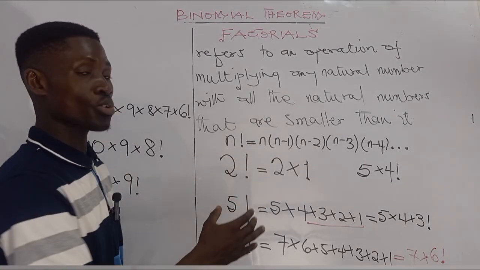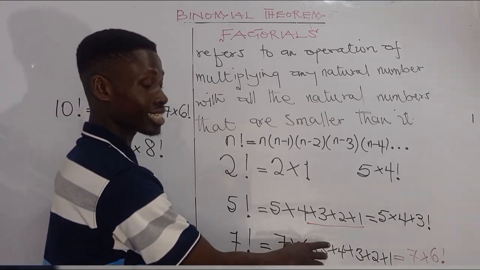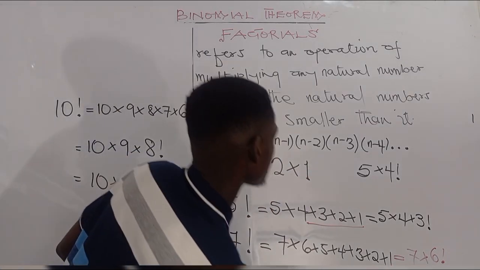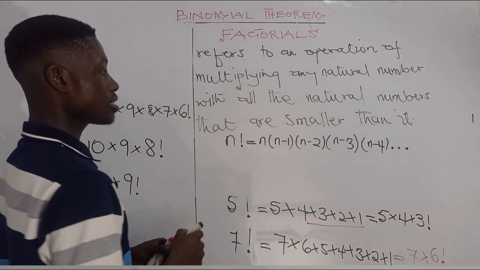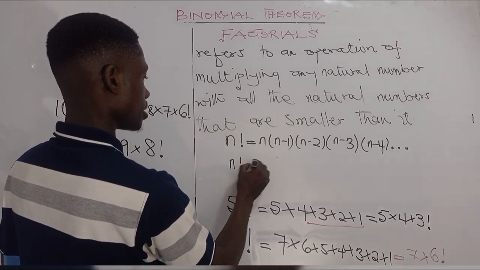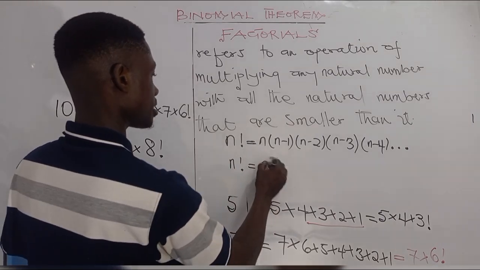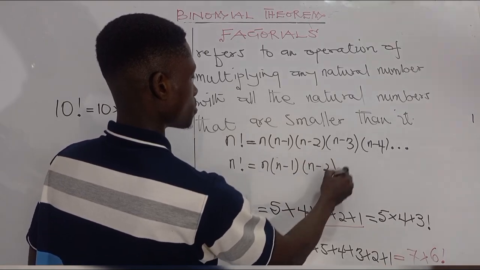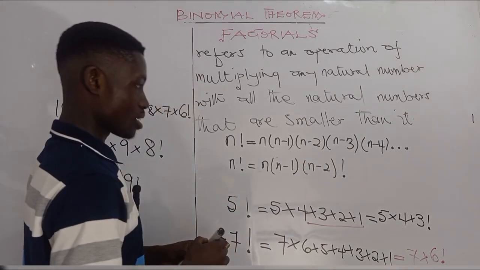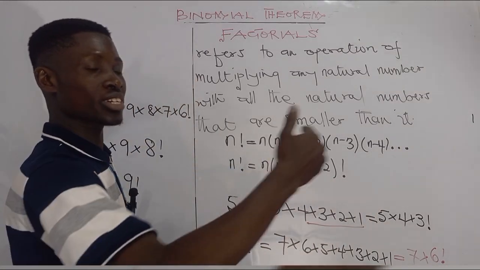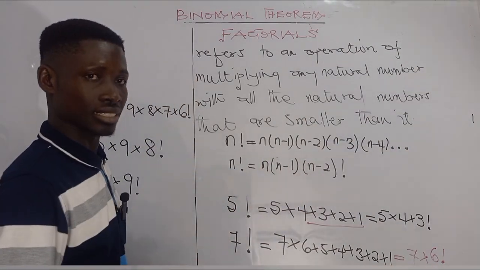Now this n factorial, as we were able to shorten this, we can still shorten it as that. So let's look at it. Now this same n factorial can be written as n, n minus 1, n minus 2 factorial, because n minus 2 factorial will cater for all those numbers that are lesser than that.